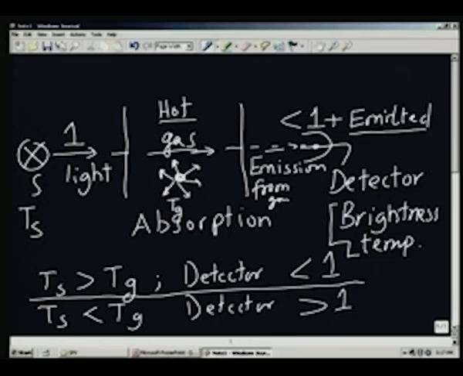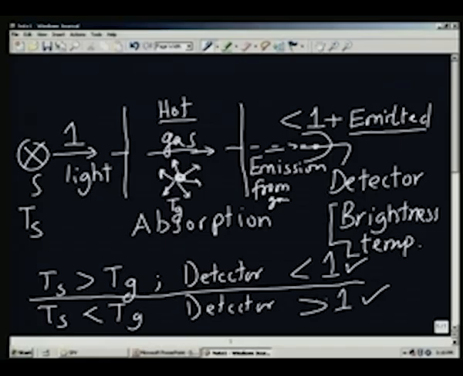Now, you can relate that here. If I look at the brightness of the target which is viewed through the hot gas, if it gives you a signal value less than 1, it means that the source temperature must be greater than the gas temperature, and if it is greater than 1, the source temperature must be less than the gas temperature.